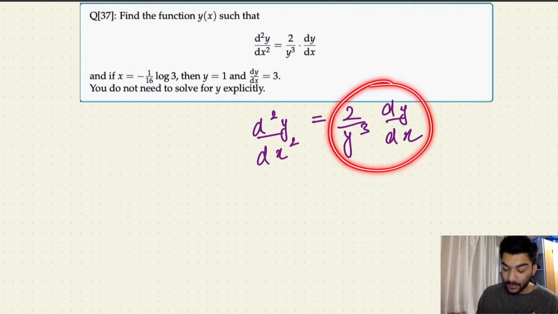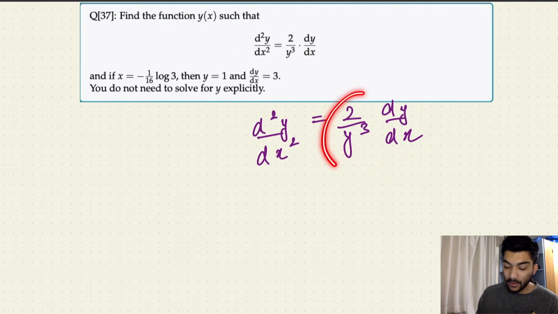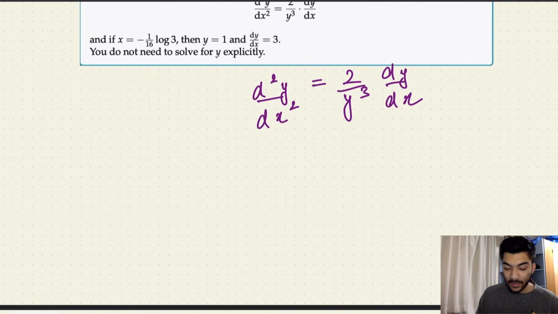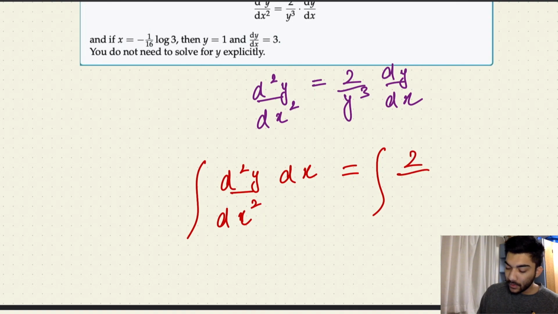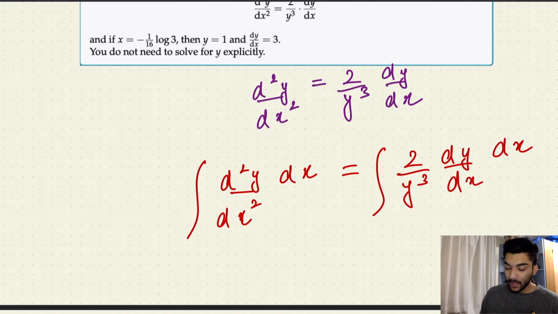And if we integrate the right hand side with respect to x, we'll get 2 by y cube dy.